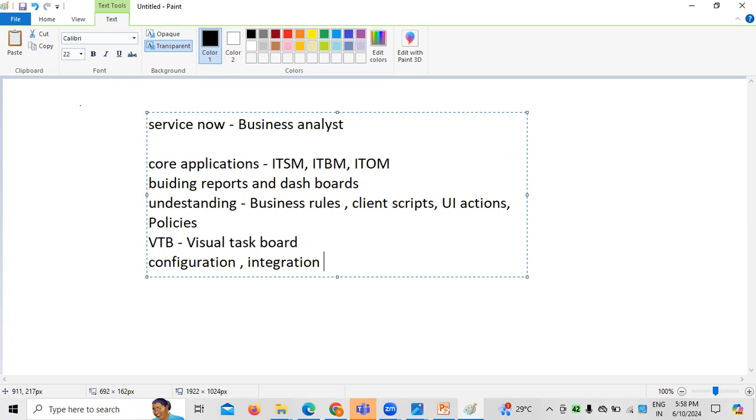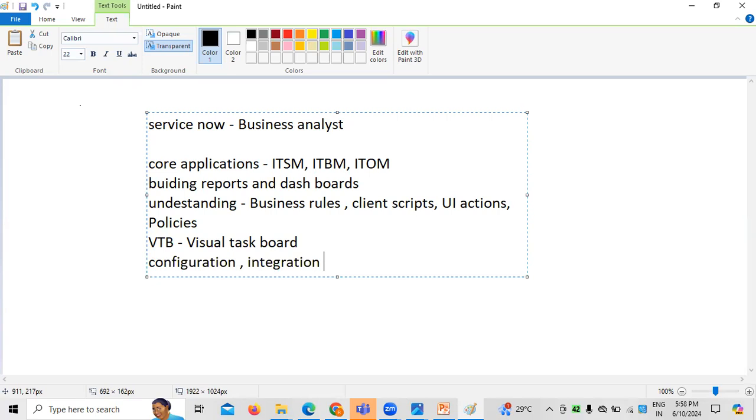Now, to have some hands-on experience, you have to have knowledge of some project, because it's not only about learning BA, it's not only about learning the ServiceNow application, but to have hands-on exposure, it's always important to know about some live exposure.